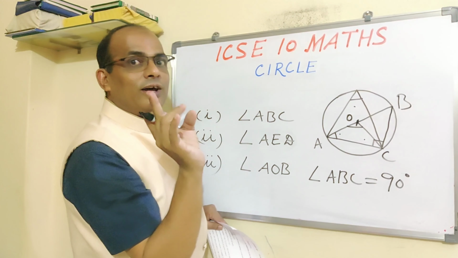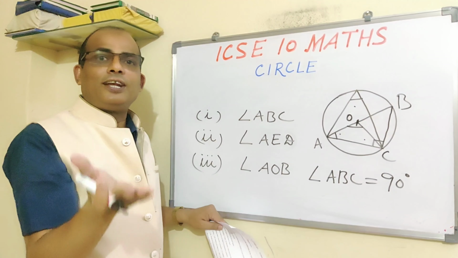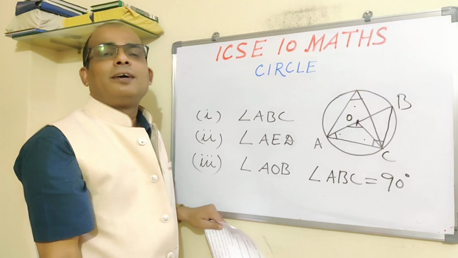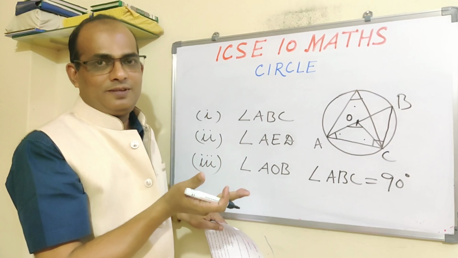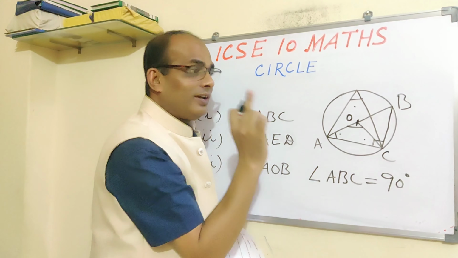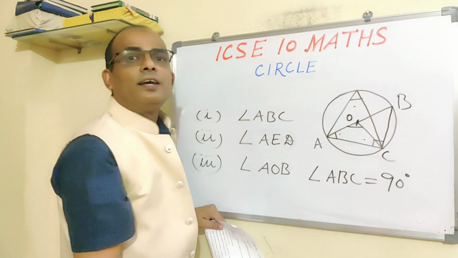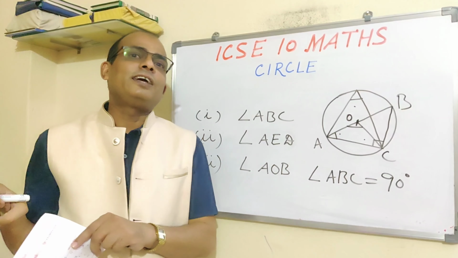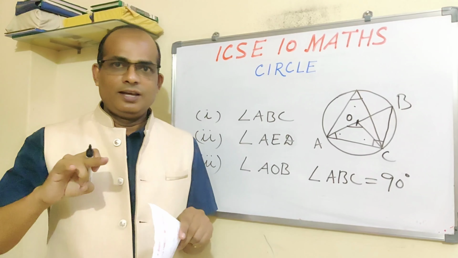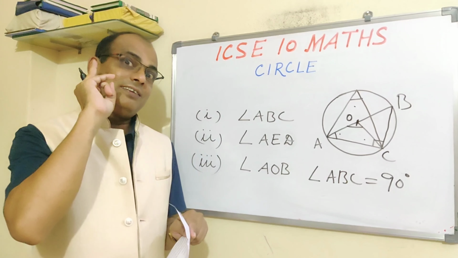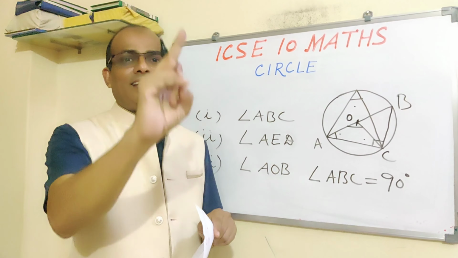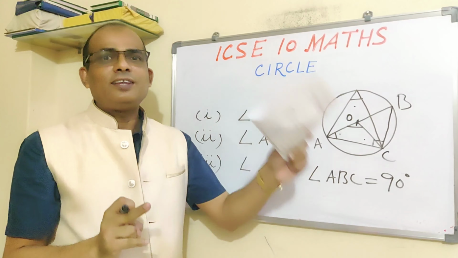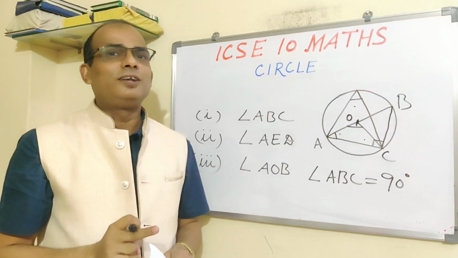So please be careful. You are knowledgeable, you know everything, but this is a silly mistake. In your mind you are thinking ABC but writing AOC, and what you are writing is what we will consider. In the home examination, you may come and discuss with me, saying, sir, I was thinking angle ABC, but you didn't write it.